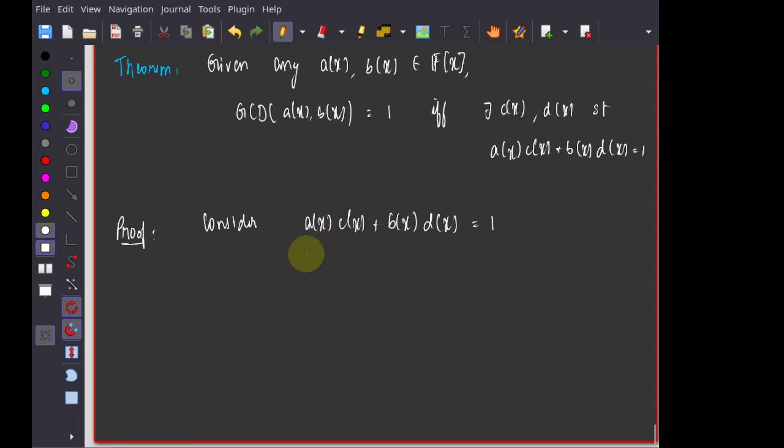So suppose this is true and the GCD of a of x, b of x is something else, alpha of x, some other polynomial. Okay. My claim is that alpha of x has to be equal to 1.